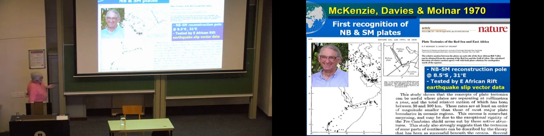What we're going to talk about in terms of African tectonics: the first person to really talk about the Nubia and Somalia plates on either side of the East African Rift in North Africa is Dan Mackenzie, whose 1967 paper kicked off the plate tectonics concept in quite a big way. And Dan was the first person to provide what we call a reconstruction pole.